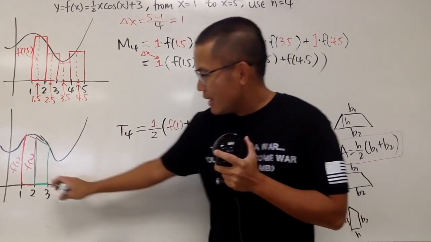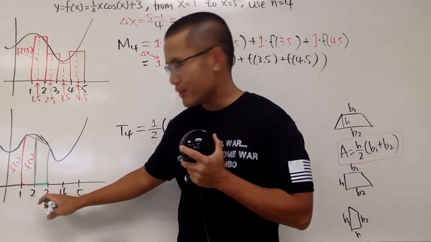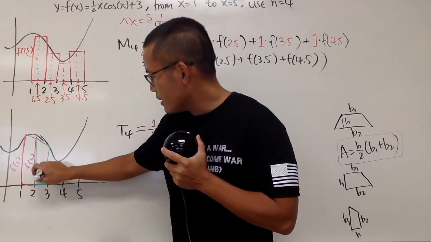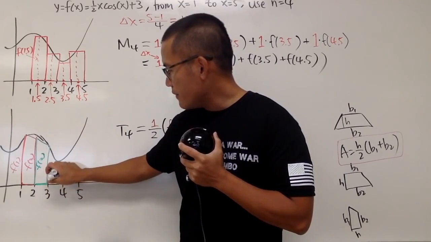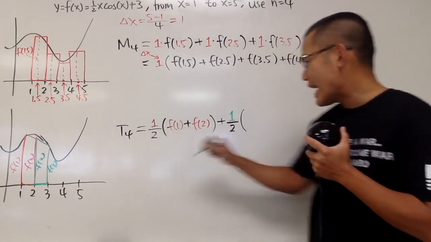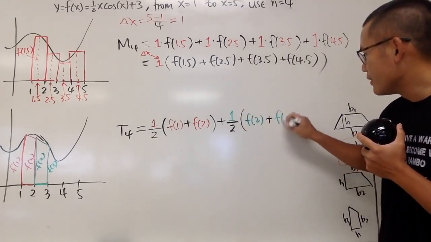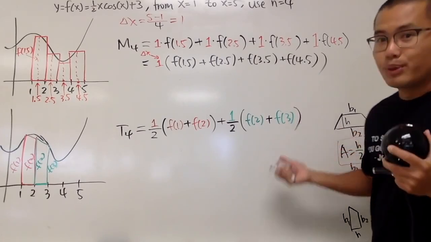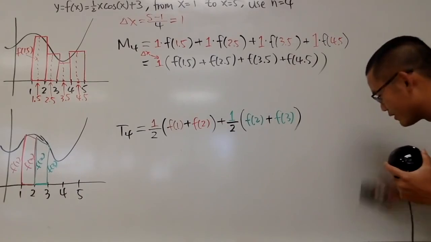Notice, for this right here, it's again f of 2, because the x value right here is 2. So we have the f of 2. And then for this right here, it's going to be f of 3. Now, we will just have to add f of 2 and f of 3 right here. And that's pretty much the idea. And of course, it will be the same for the rest of them.